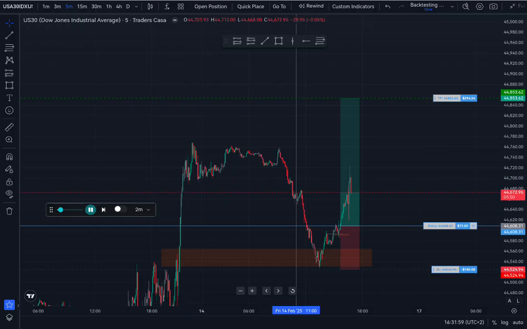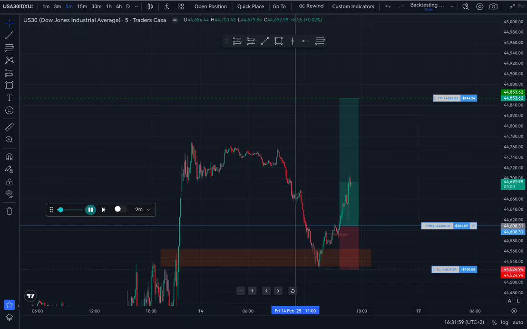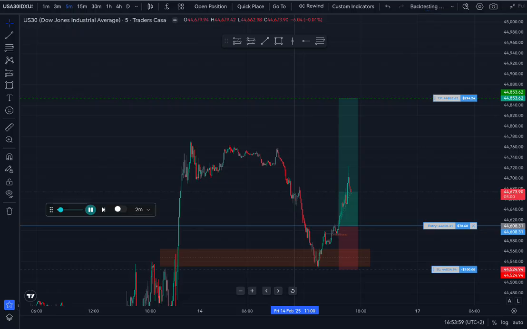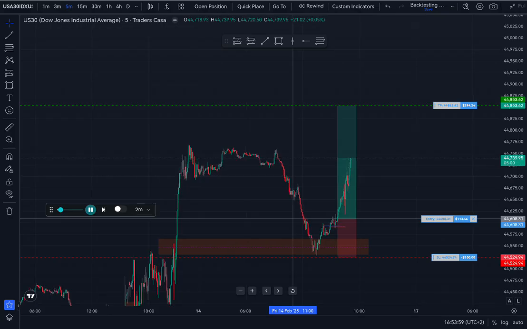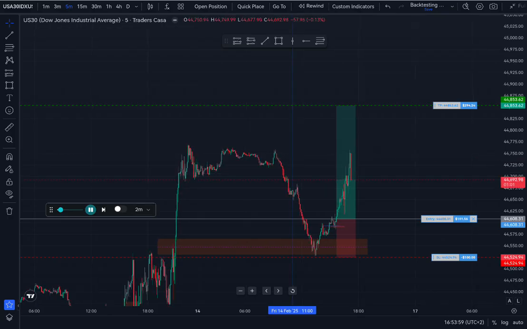Nice. It's pushing nicely. I would really want to see those highs taken out eventually. Even the first high, if it's taken out, that's proper.